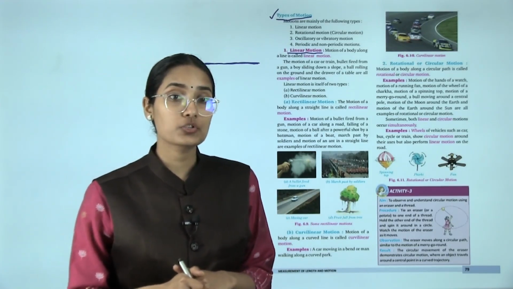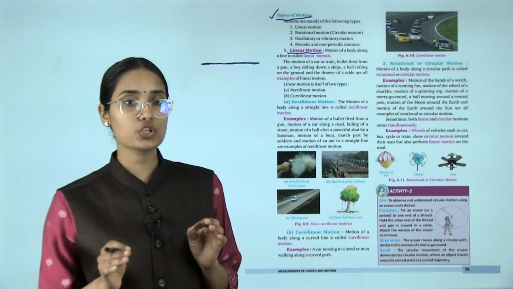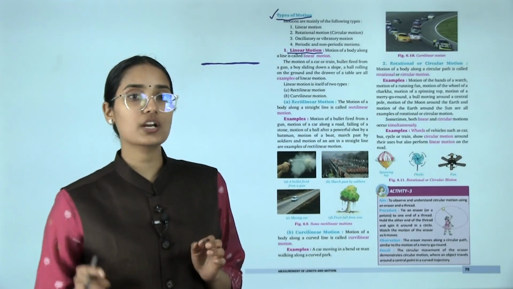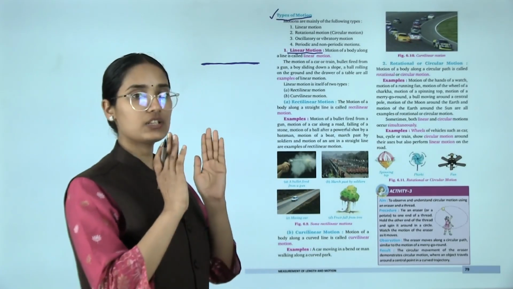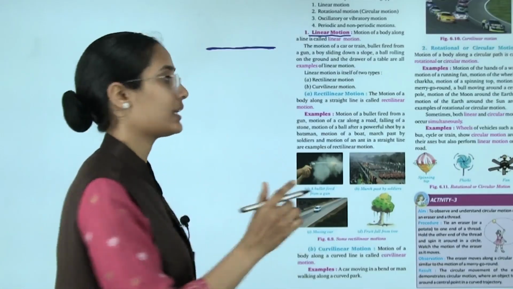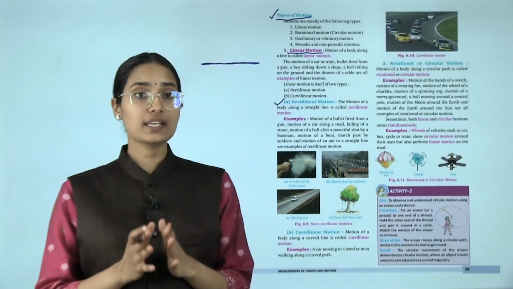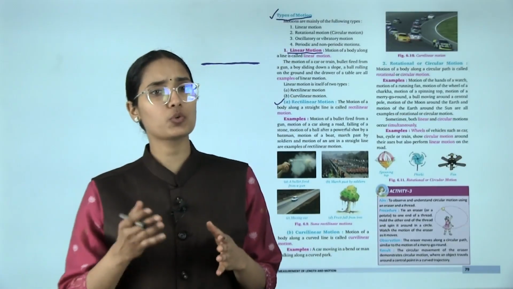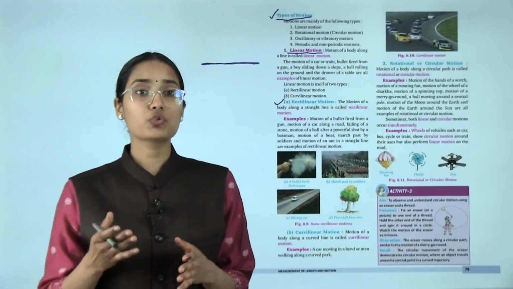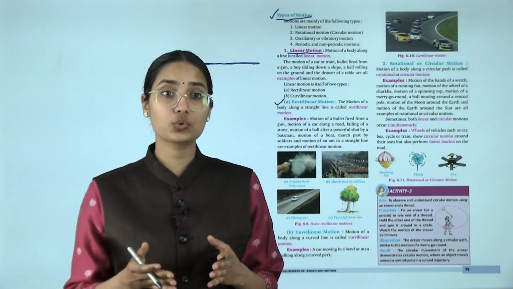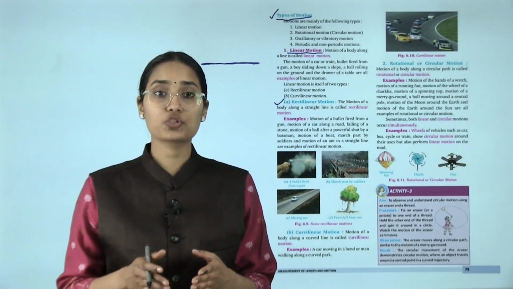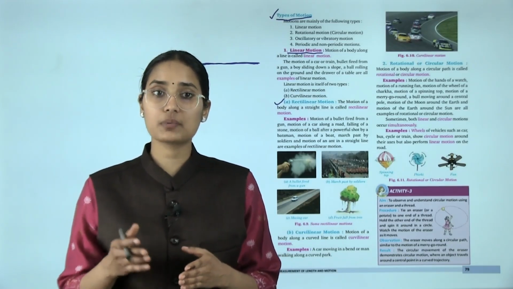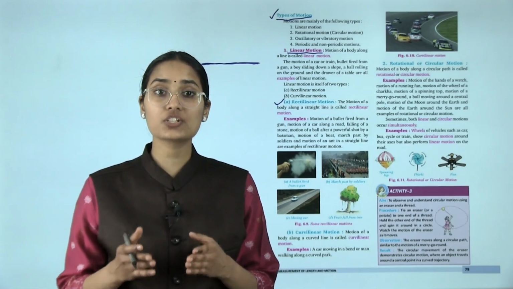Rectilinear motion means the motion of an object along a straight line. So, when the motion is in a straight line, that is called rectilinear motion. Examples of rectilinear motion are the motion of a bullet fired from a gun, motion of a car along a road, falling of a stone, motion of a ball after a powerful shot by a batsman, motion of a march past by soldiers and motion of an ant in a straight line.